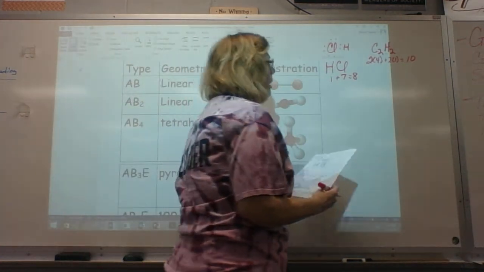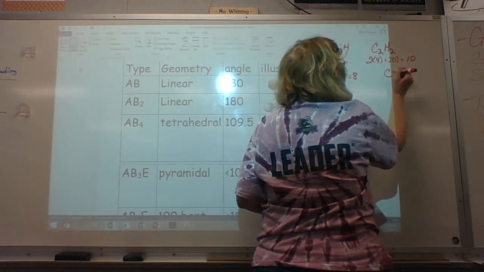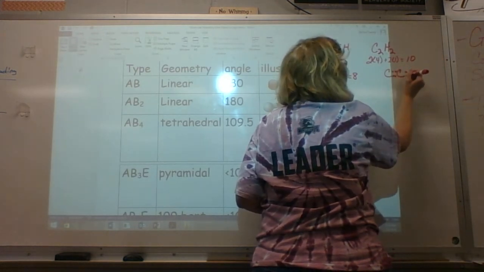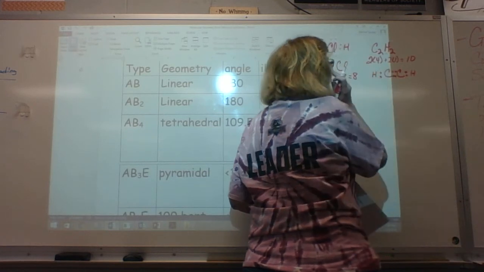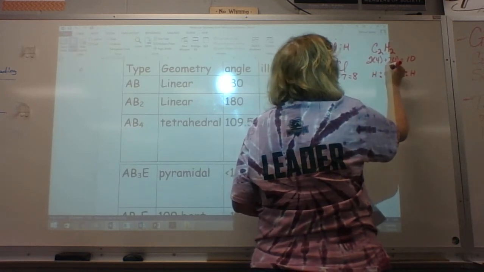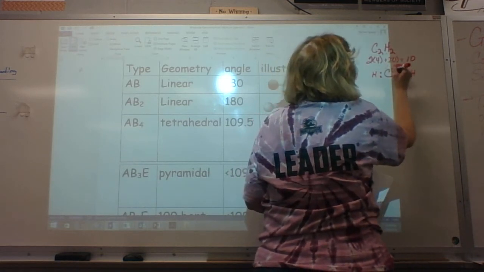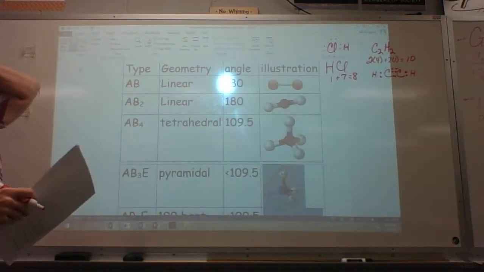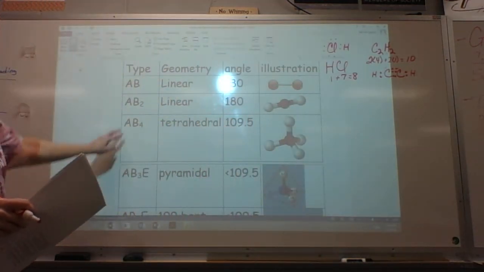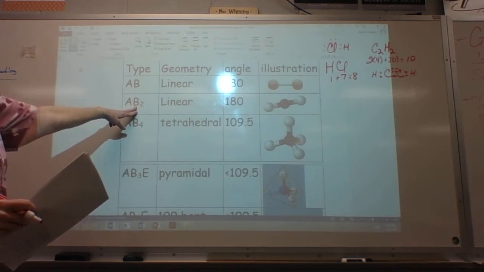So we know with carbon they will always bond together, and so this is actually going to require a double bond. Again, if you're not sure how to develop the Lewis dot structure for this, then you need to, actually this will be a triple bond, sorry. You need to take a look at that. That will also be a linear situation, and that might fit down into the AB2 one a little bit better.